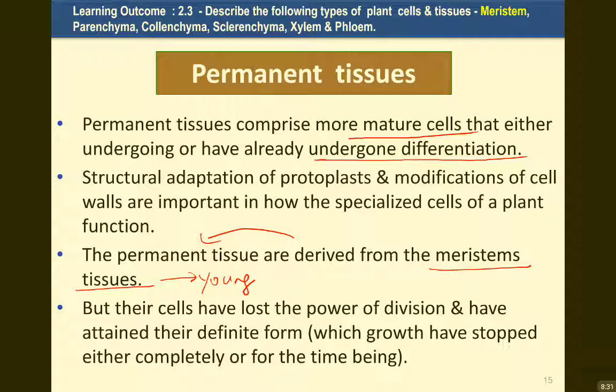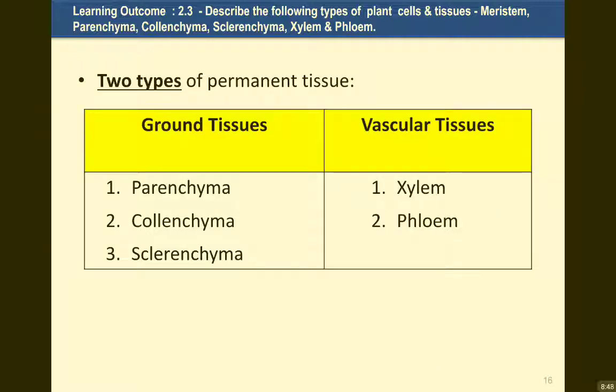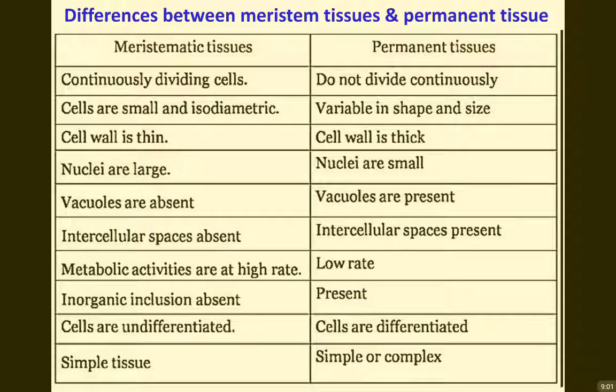Okay, so permanent tissue, they have already lost the power of division. They do not divide. They are already mature, because they have already attained their definite form. Okay, where the growth has already stopped. So the two types of permanent tissue here, ground tissue and vascular tissue. Okay, so for these three, parenchyma, collenchyma, sclerenchyma, they are the ground tissues.